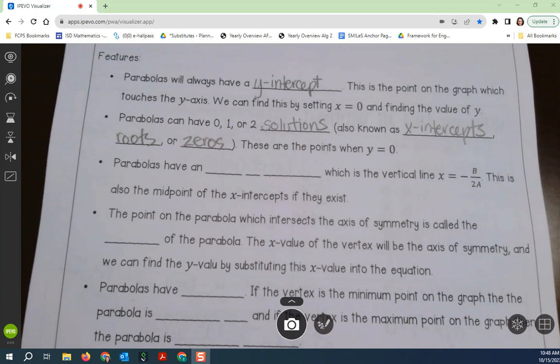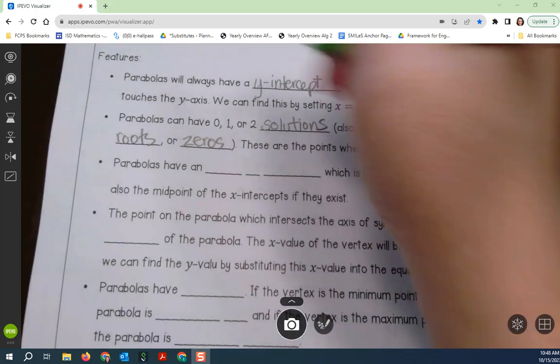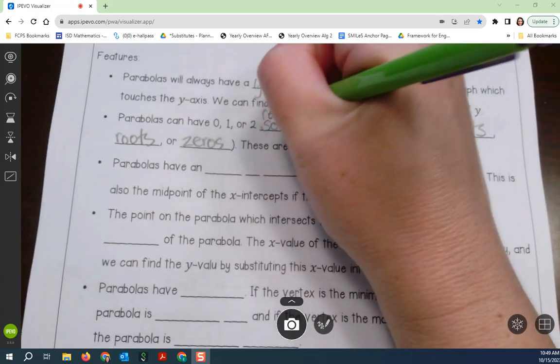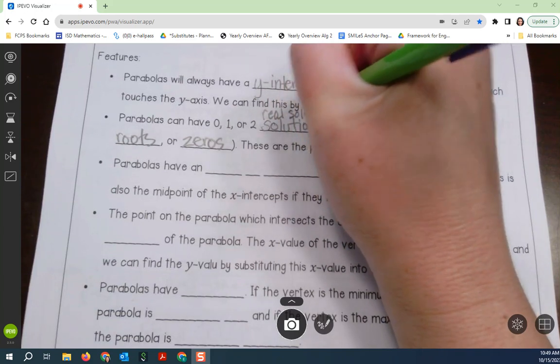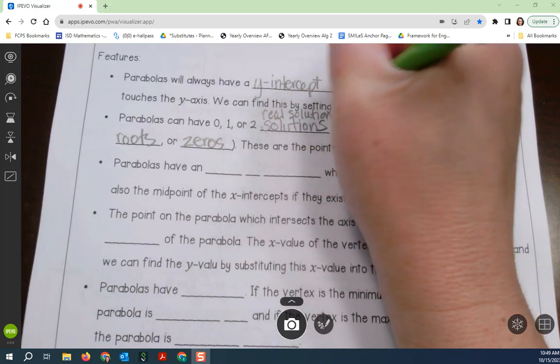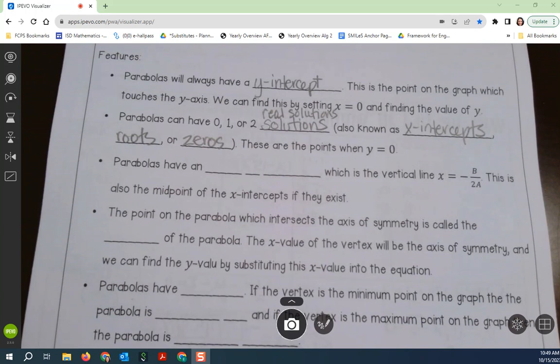And actually, I would qualify that to say 0, 1, or 2 real solutions, because they never actually have zero solutions. If you see zero x-intercepts, the solutions are just complex solutions.